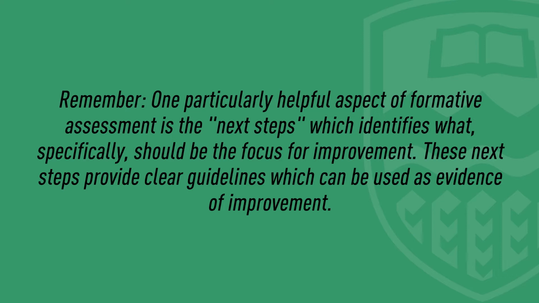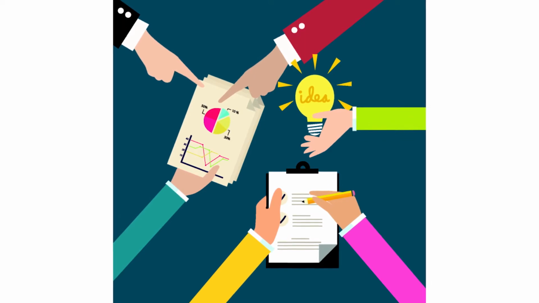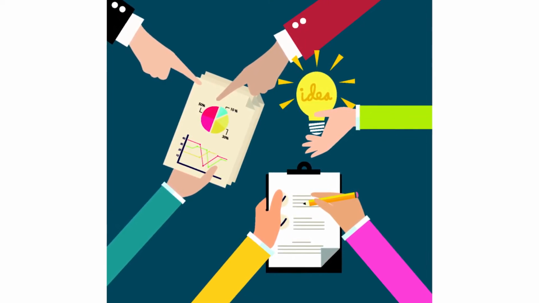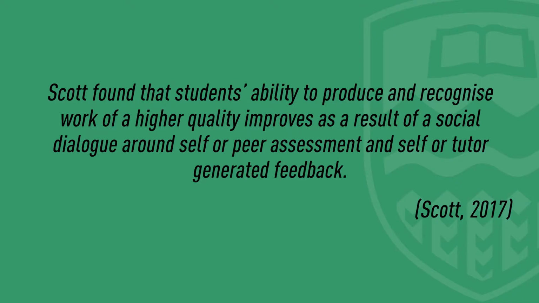These next steps provide clear guidelines which can be used as evidence of improvement. While much of this formative feedback can be given orally, it is recommended that any formal discussions be documented so that improvement can be documented along with it. Be it feedback from a peer, themselves, or their instructor, student learning reaps benefits from feedback.